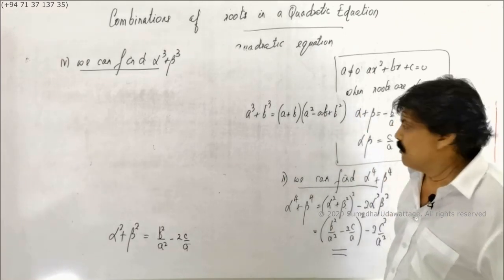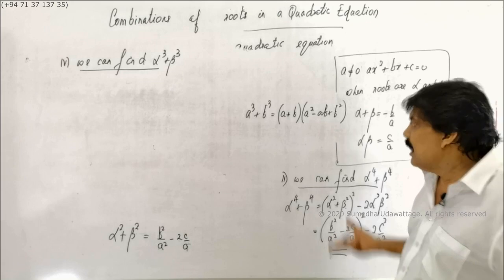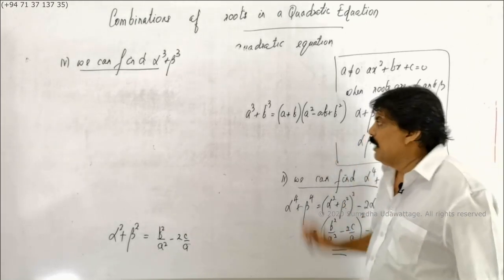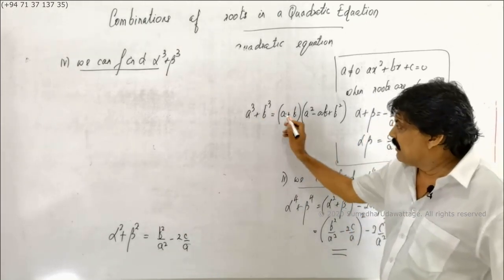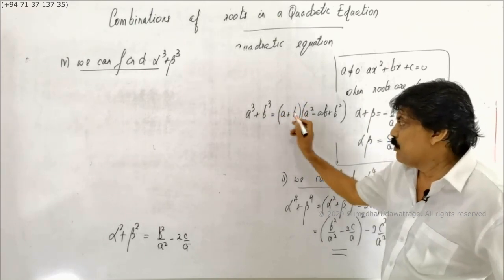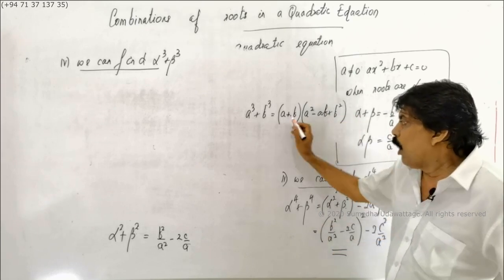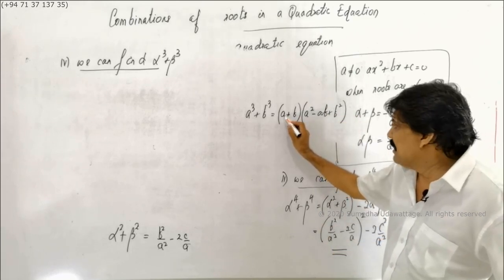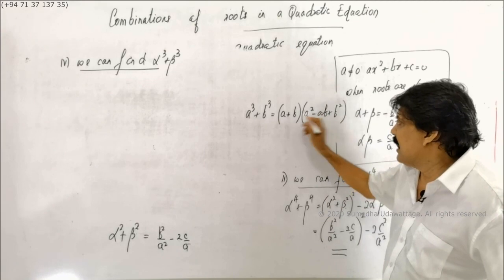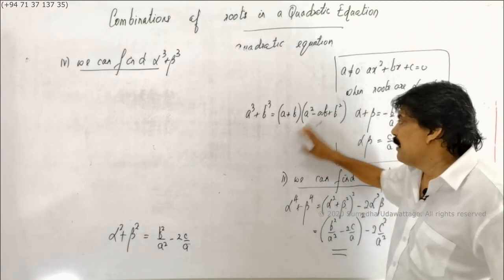If your memory of O-level mathematics is faint, you get it now. A3 plus B3, you put A here, B, plus, and you write the second factor observing the first. Square this, multiply, change the sign, b square. Beware, it is not 2ab, it is minus ab.